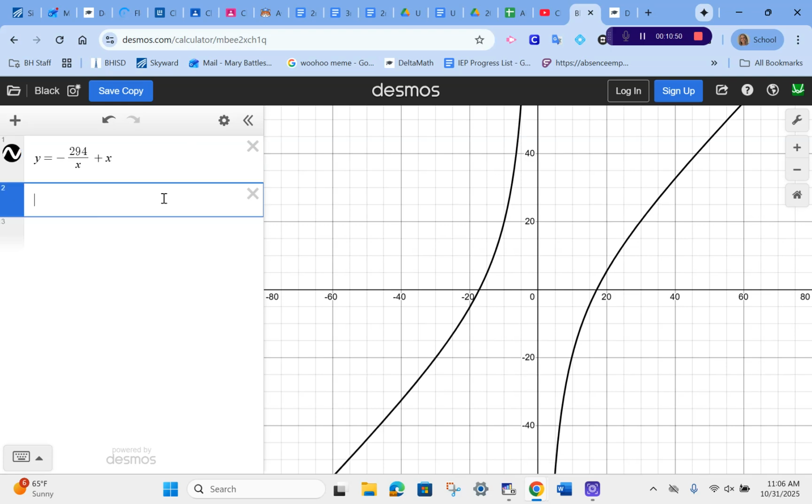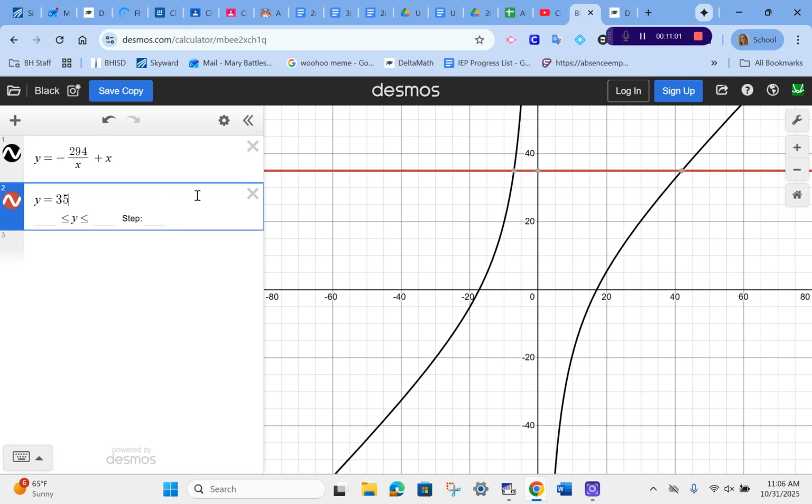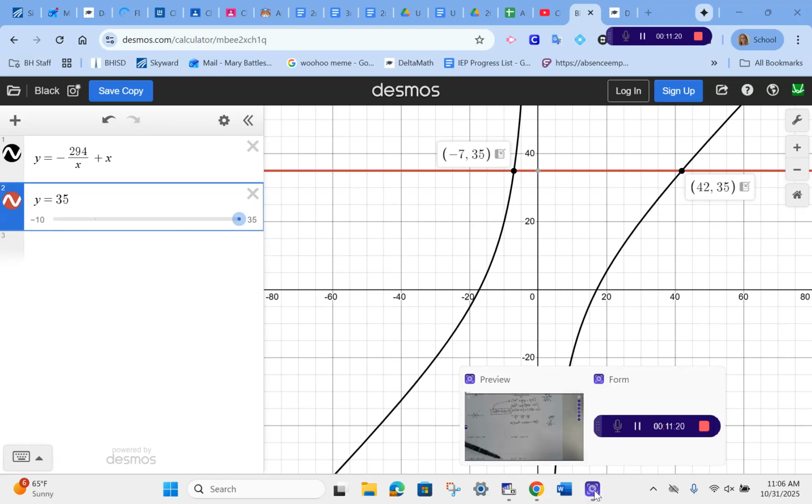Then in the next line, y equals, we are trying to get those factors to add up to 35. So we just write y equals 35. There's our straight line that intersects those other two curves there. So our answers are negative 7 and 42. Negative 7 plus 42 does equal the 35. All right, so let's go back to our regular screen.